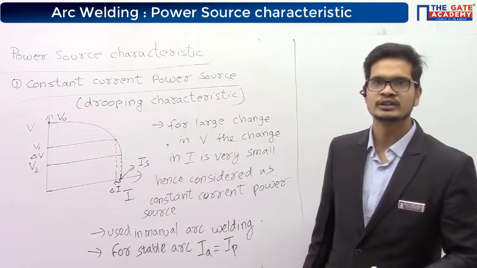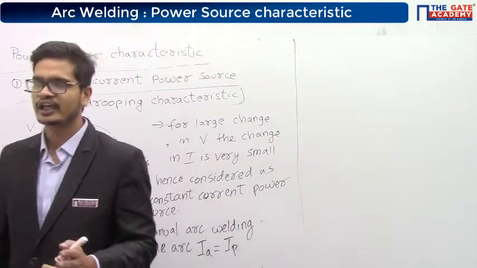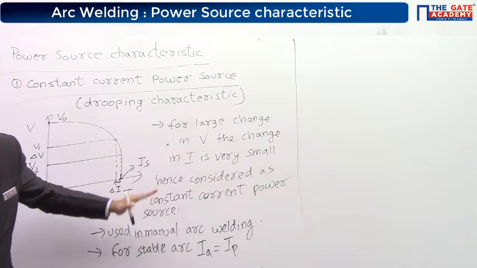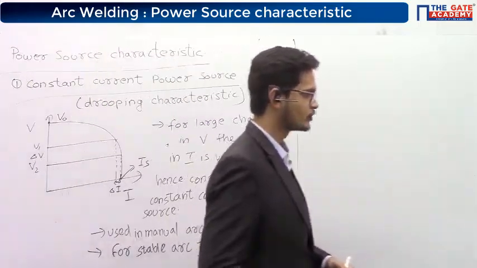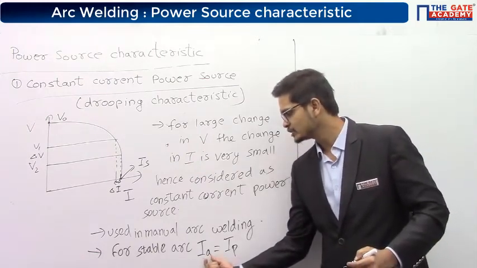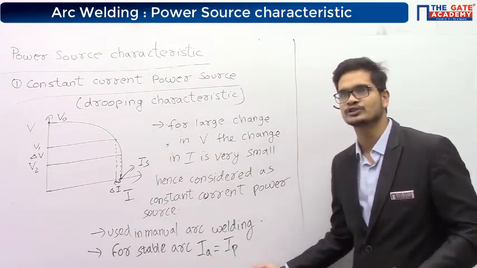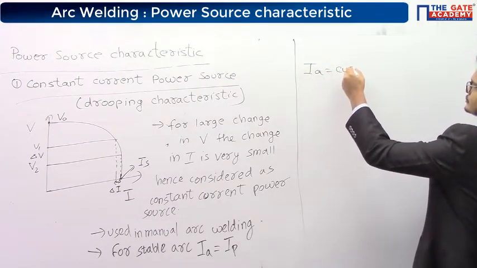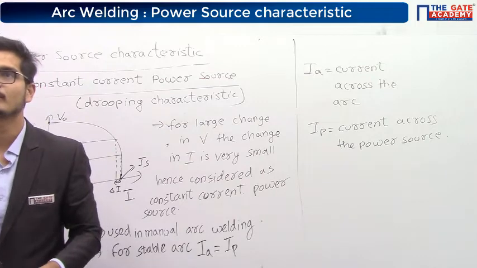The answer was, so that the current remains the same even if the voltage changes. So this kind of question you can expect. Subscript A means arc, P means power source.